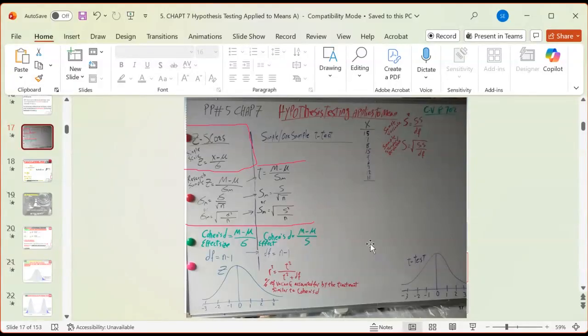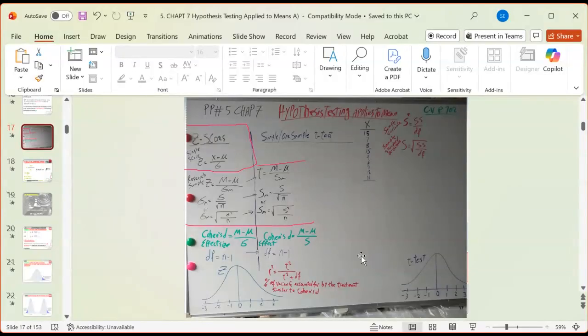Cohen's d is pretty much just like Cohen's d for the z-score. As you can see in green, for the z it was M minus mu divided by the standard deviation of the population, or sigma. For t it is pretty much the same, except we have S, the standard deviation for the sample.